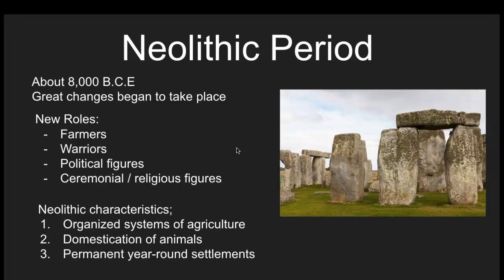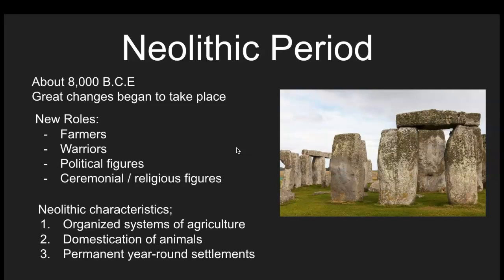If, for example, in Europe, we have grassy plains that emerge, which lead to edible plants and forests that now can accommodate herds of animals, that precipitates an organized system of agriculture. So it's very much dependent on what is going on in the environment at the moment and the climate of that place.